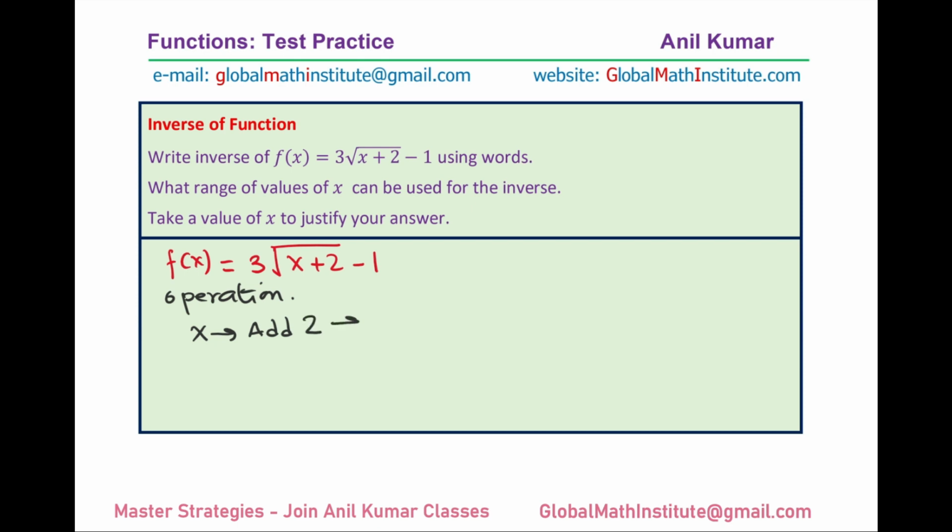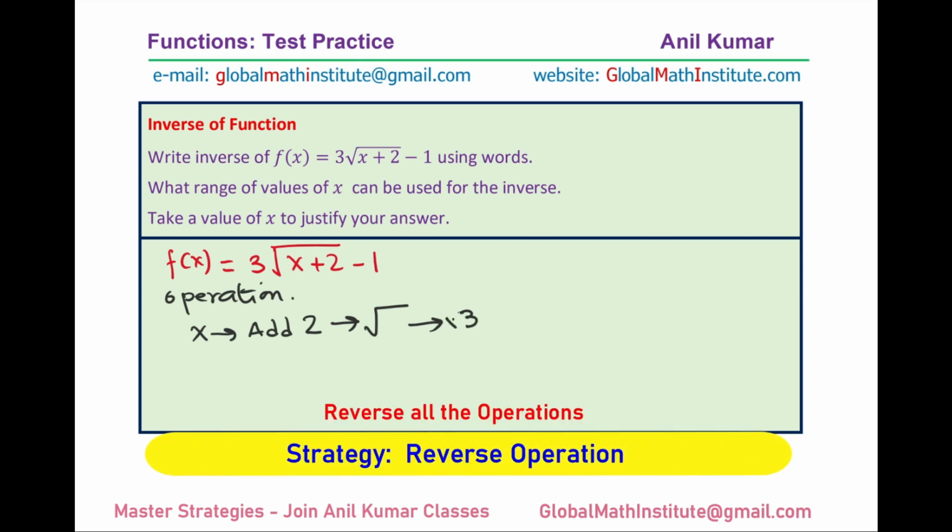And then we take the square root. Let me write it like this. And then we times it by 3. So we do times 3. And then we take away 1. These are the operations in order which are performed.